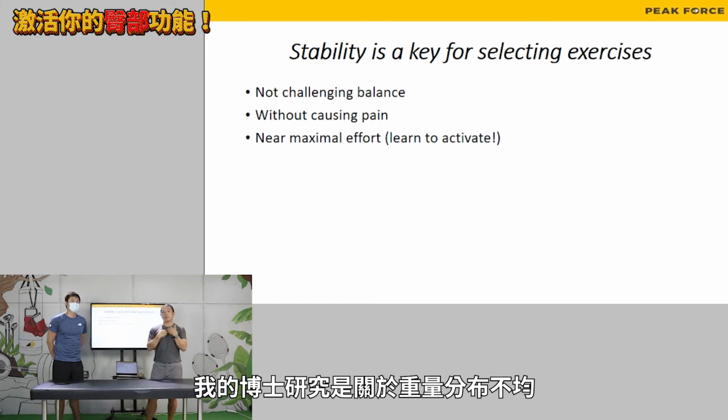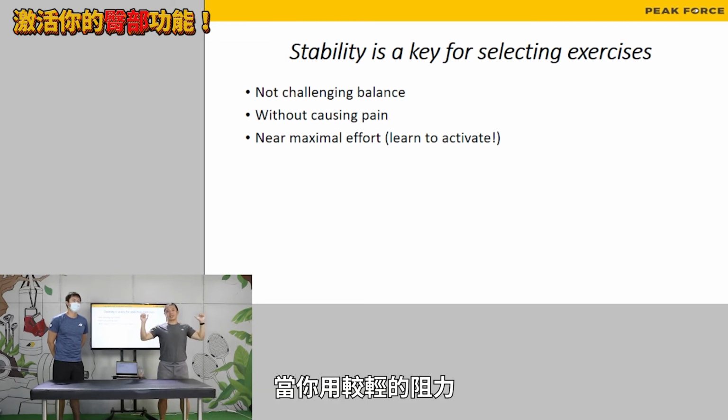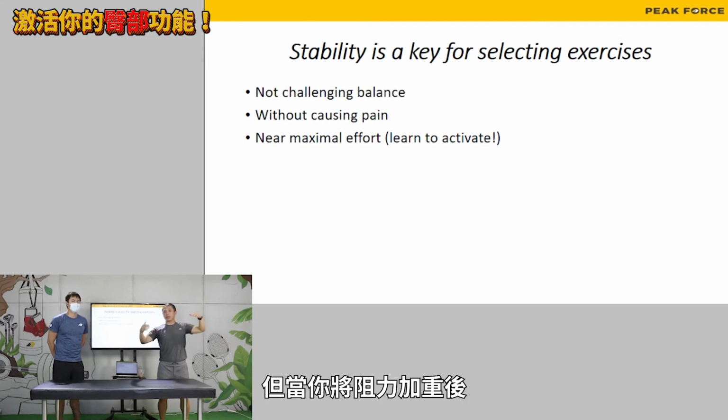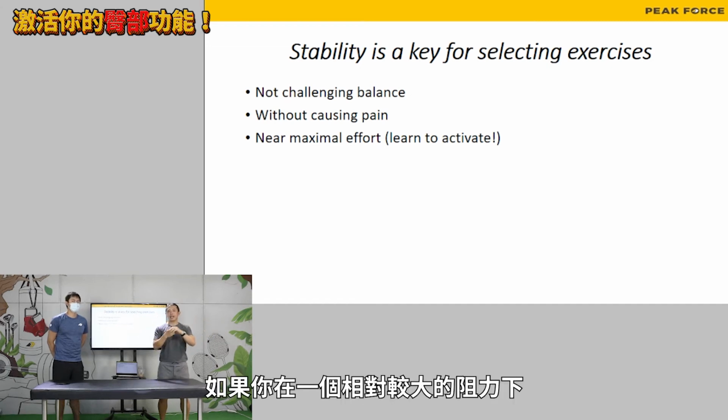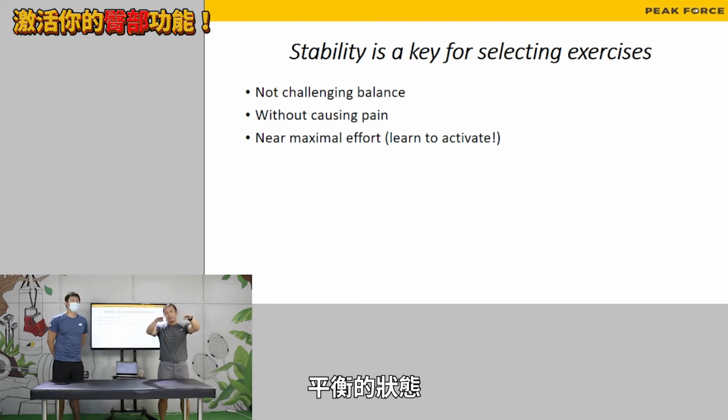Okay, my PhD research was about the weight distribution asymmetry. For people who have left and right asymmetry, okay, when they use the lighter resistance, they maintain that asymmetry. But when the weights gets heavier and heavier, your body is forced to be very equal. So it tells me that if you have a somewhat high resistance, your body automatically correct to be as close to be 50-50 as possible.